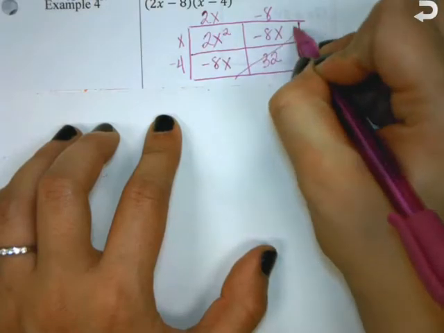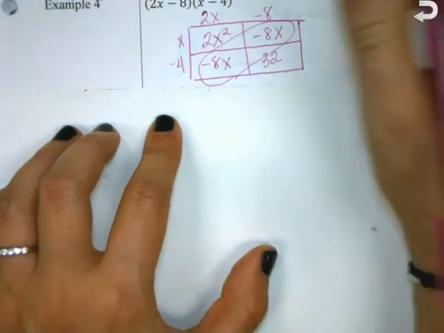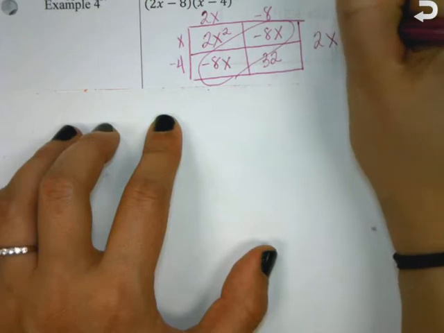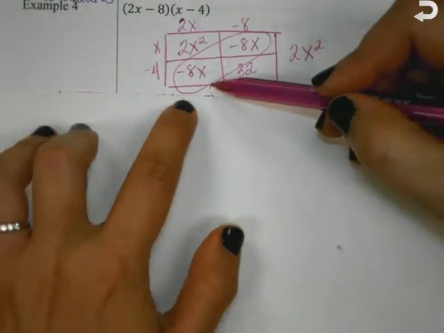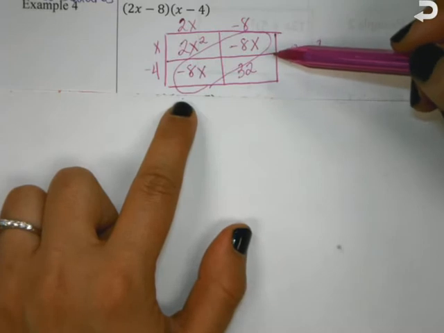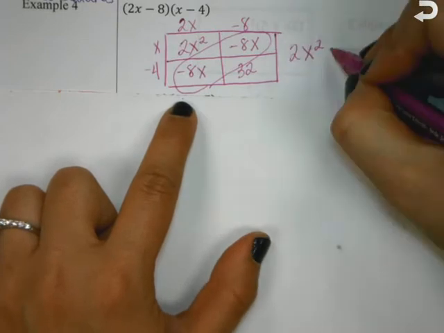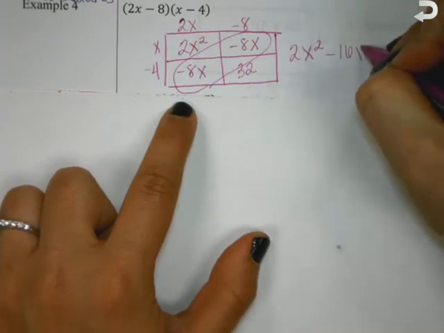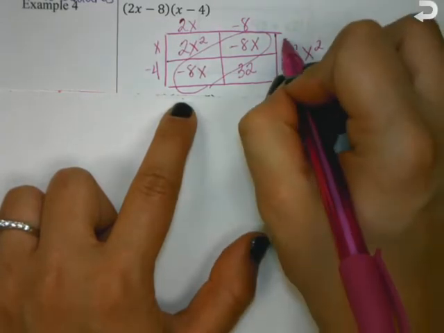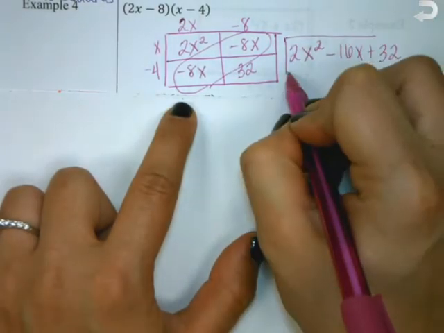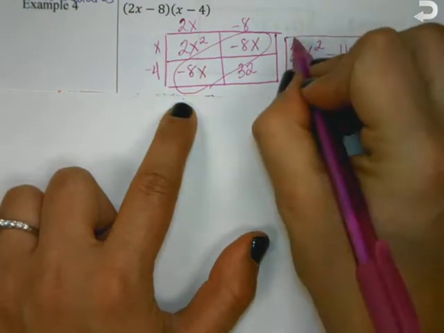My answer is going to be 2x squared. We have to write that first. Negative 8x minus 8x. What is that going to give me? Negative 16x plus 32. And that's your answer. So the steps are all the same, okay? Just because there's numbers in front of the x's, that doesn't really change anything.